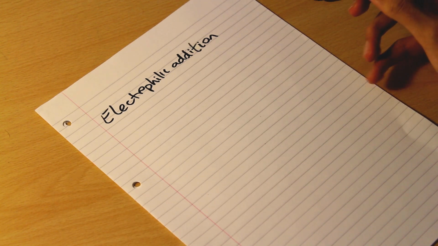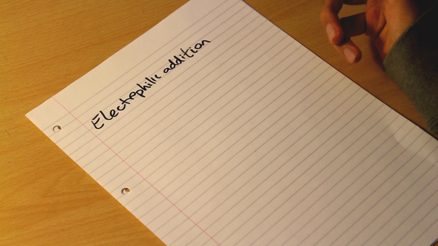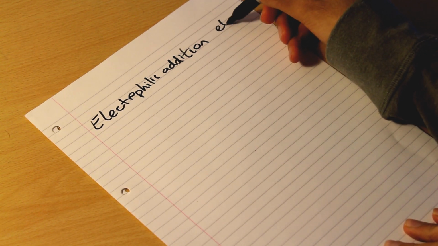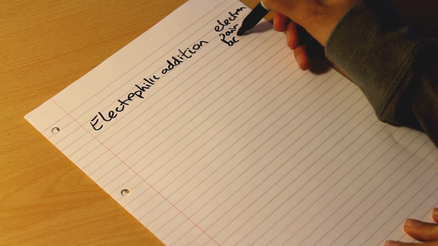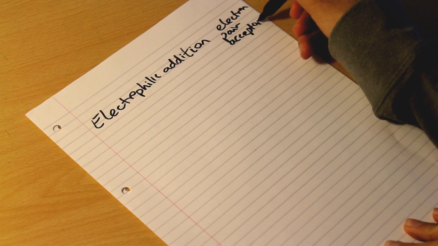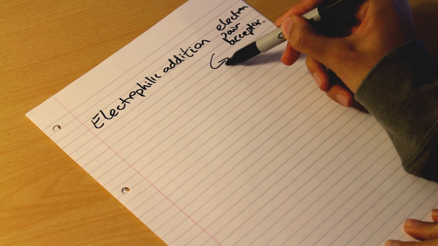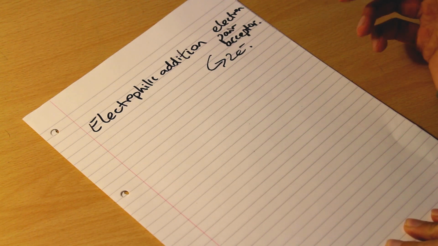The second mechanism you need to know is electrophilic addition, and this is for alkenes, where an electrophile is an electron pair acceptor. The key thing with this mechanism is the curly arrow model, which shows movement of 2 electrons, so an electron pair.